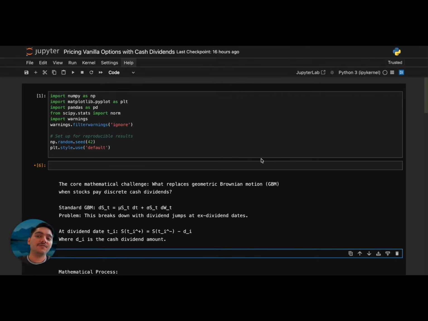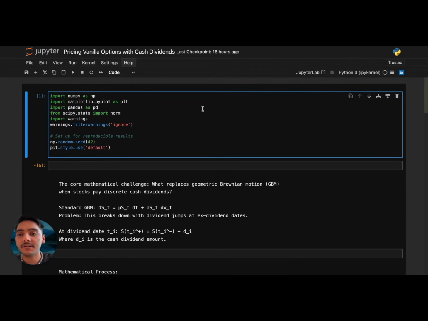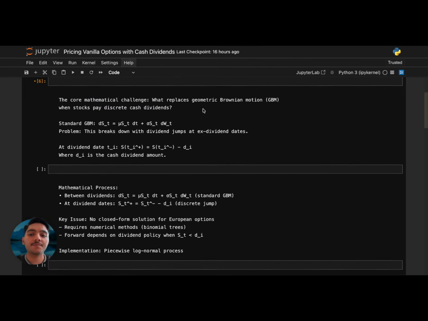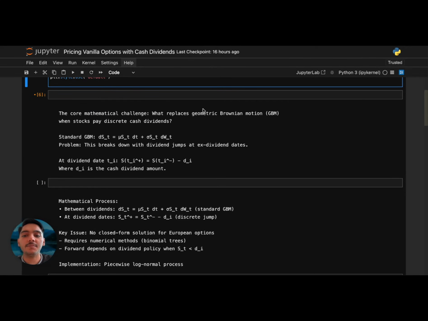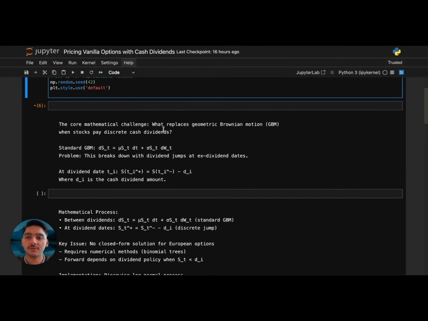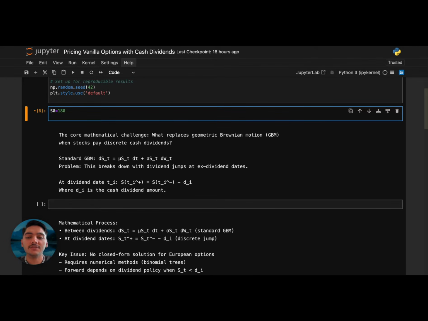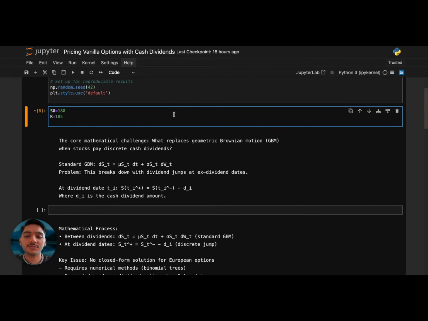So I have already written a basic import statement that we'll be using: NumPy, Matplotlib, and Pandas. Let's start by defining some real-world example parameters. Let's take S0 to be $180, an Apple-like stock price, and K, the strike price, to be 185, a slightly out-of-the-money call option.